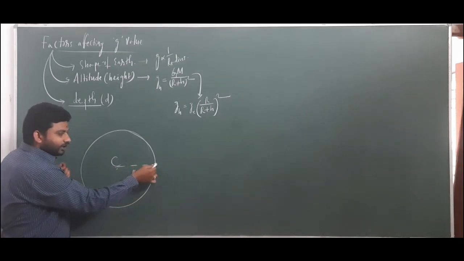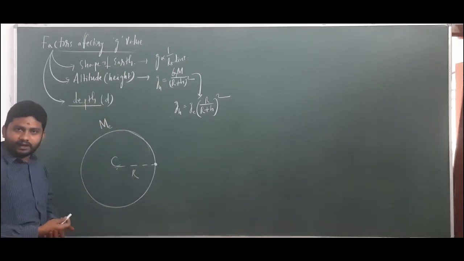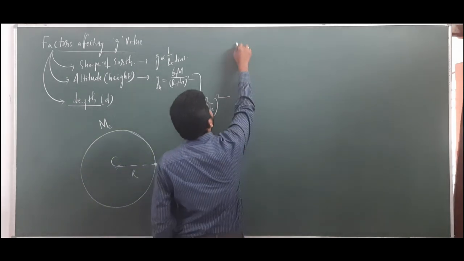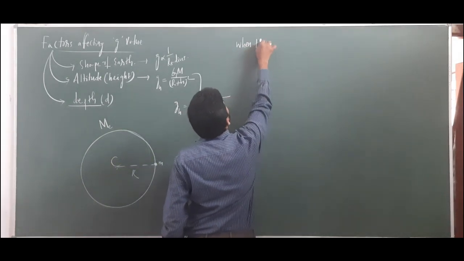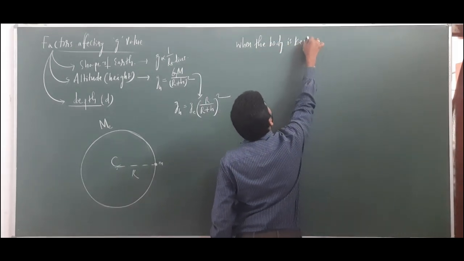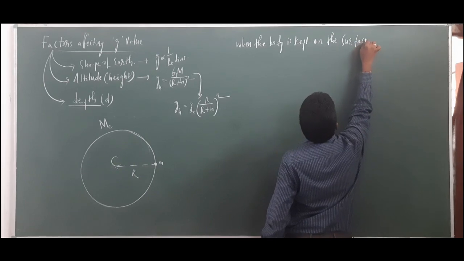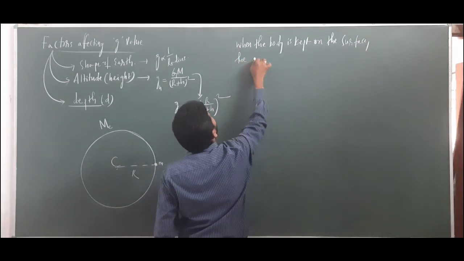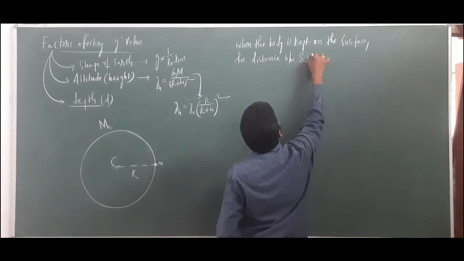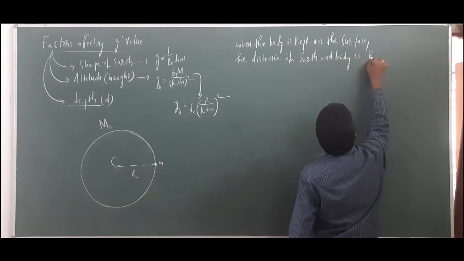When the body is kept on the surface, the distance between the earth and the body is the radius of the earth.